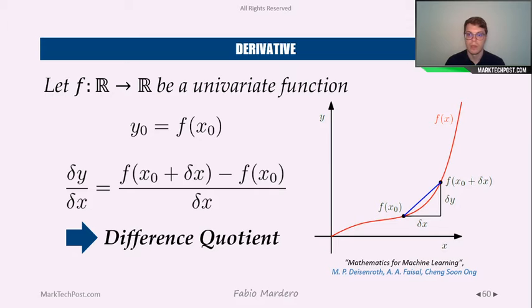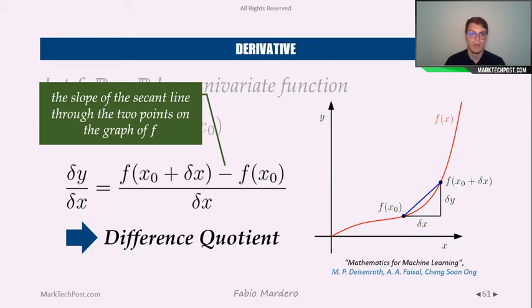So we are just defining the slope of the secant line through the two points on the graph of f. The two points are x0 and x0 plus delta x, and we have the images as the y coordinates.